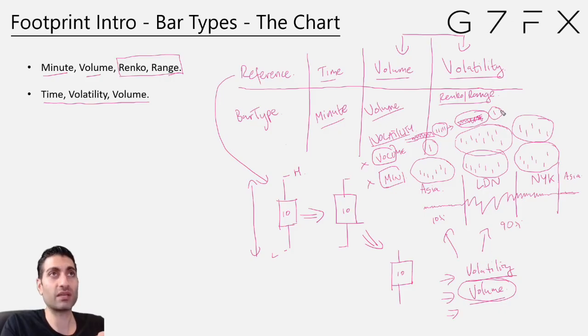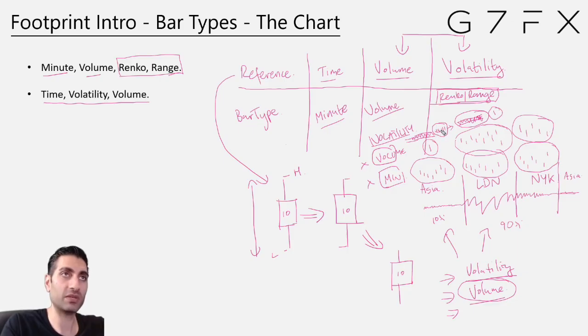And this is why everyone that I know of anyway who looks at footprint is looking at these type of bars. Because think about it. This is why I kept going on about cumulative versus non-cumulative, and I said it's really important you understand. Because you remember on the depth of market, volume is just printing, right? And it could be printing at the same price, and then it disappears.